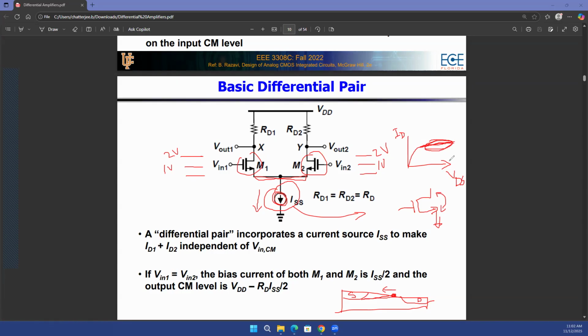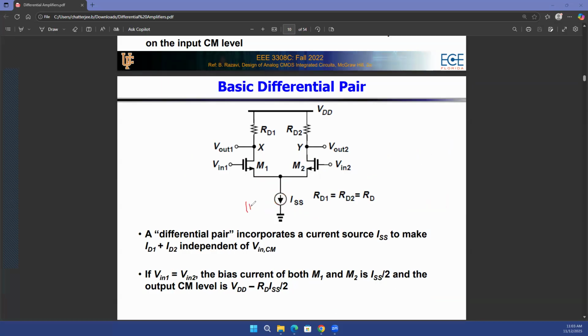So that is one way to make sure that the channel length modulation is small in terms of the number. So there are ways to actually make sure that this current is constant. Let's say we have made sure that the current is as constant as we can make it.